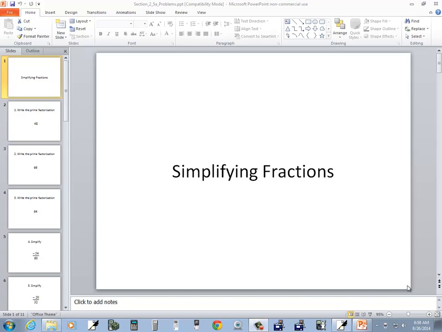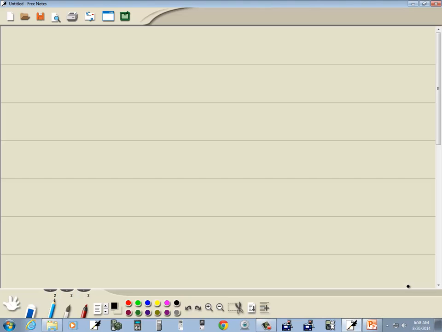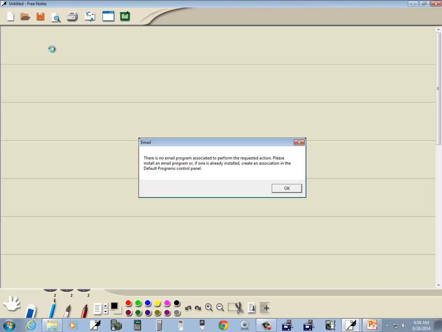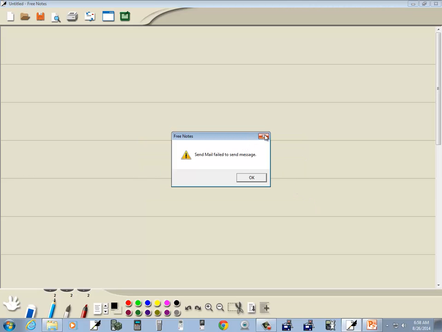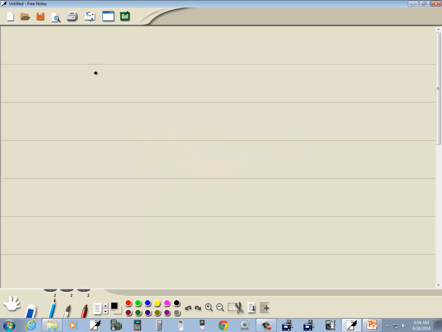Simplifying fractions. Let's take a look at some basic divisibility rules. We're not going to look at all of them. We'll just look at the ones that really pertain to what we're looking at.